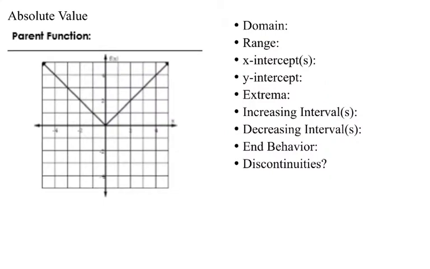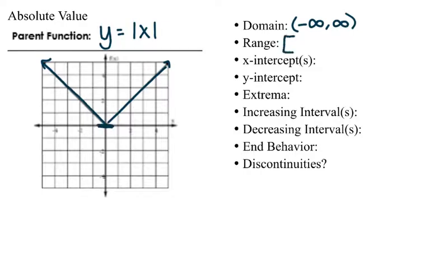Alright. Absolute value we talked about in Math 3. It looks like this with the absolute value bars. It's going to be a V-shaped graph. The domain would be from negative infinity to positive infinity. The range, it never goes below 0, so I would say it starts at 0 and it goes up forever. It has an x-intercept at 0, 0, because it hits the x-axis there.